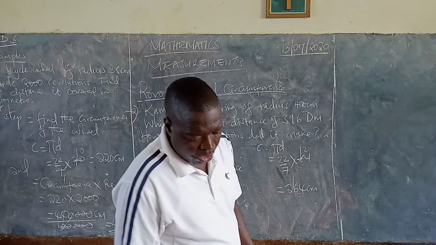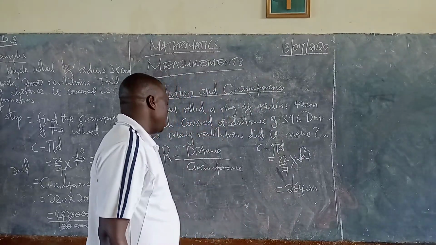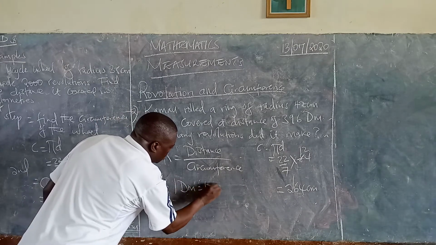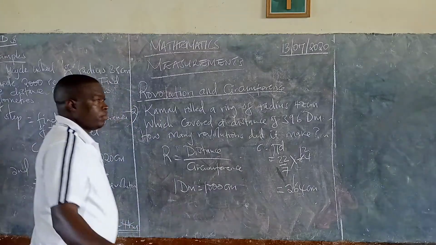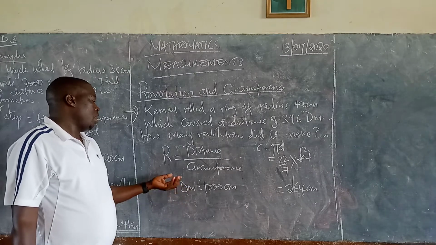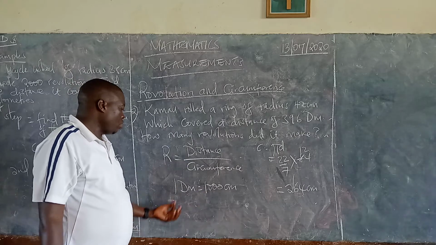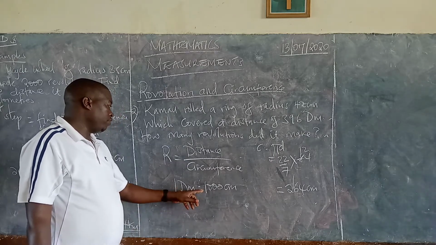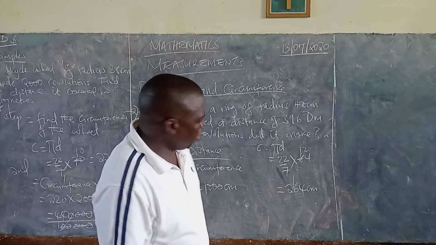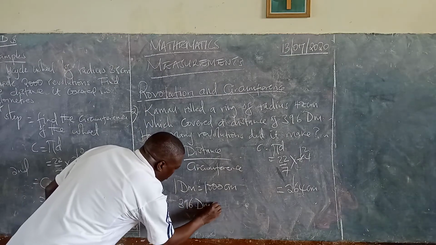Our conversion is 1 decameter is equivalent to 1,000 centimeters. Learners, use your conversion table so that you understand how many decameters are equivalent to how many centimeters. So we have 396 decameters.